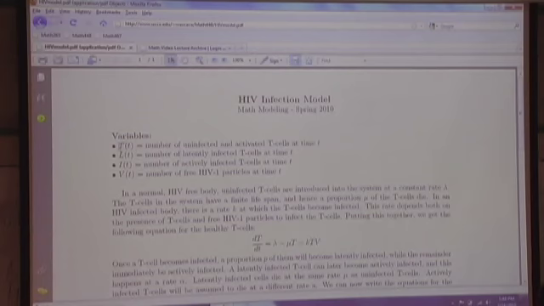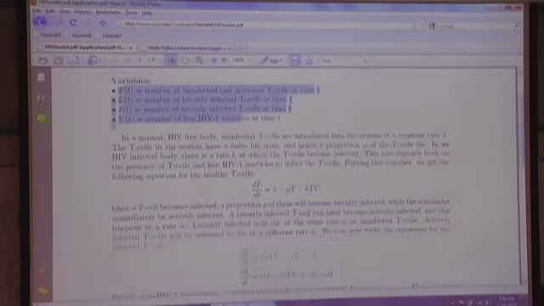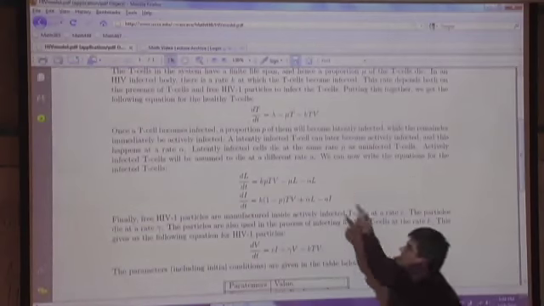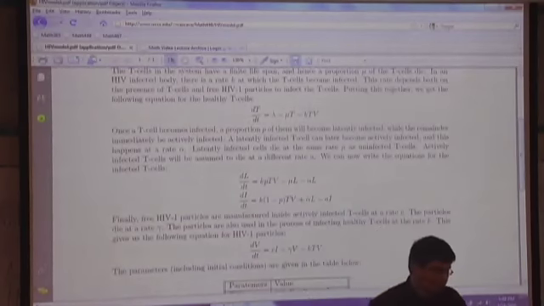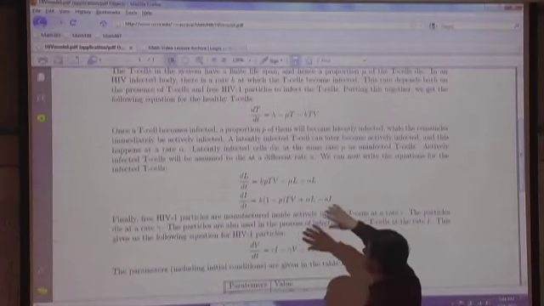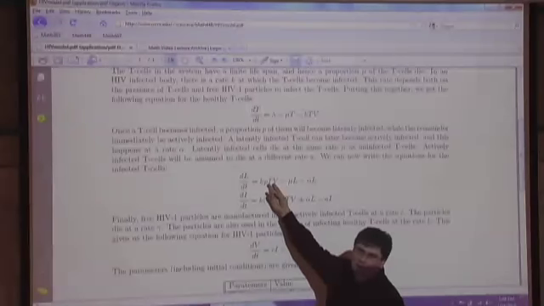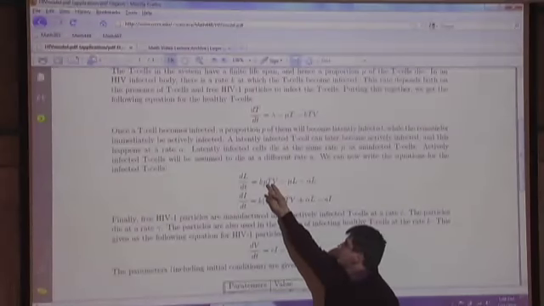Here I just describe the variables. There are 4 variables, and there are going to be 4 rates of change, right? And the rates of change of the 4 variables depend, in a nonlinear fashion, on the variables themselves.